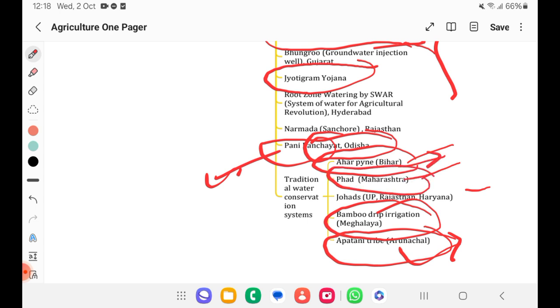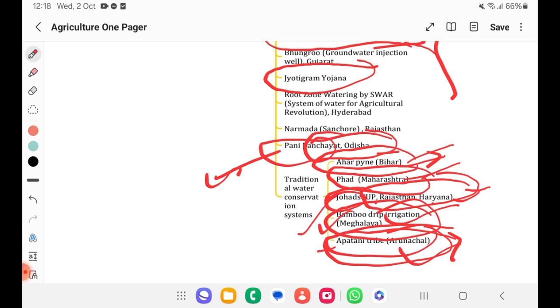At least remember one or two. You'll remember bamboo drip irrigation, easy. And then Apatani tribe, Arunachal Pradesh, easy to remember. Johads are practiced in different states like UP, Rajasthan, Haryana. So Johads we will remember. You can remember everything, but for easiness I am choosing, okay.